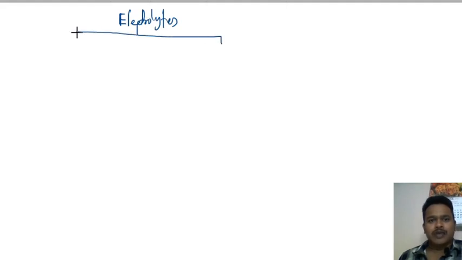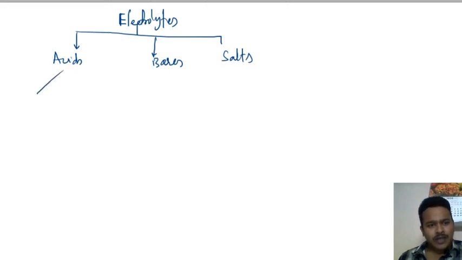Just listen carefully. Here all the electrolytes are there, electrolytes which can pass electricity through them. These are classified into three parts: acids, bases, and salts. In acids, again two parts are there: strong acids and weak acids.